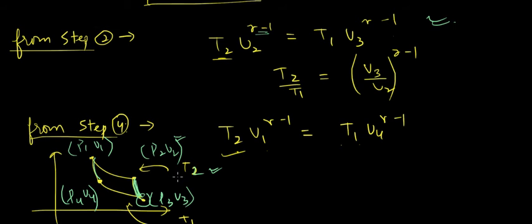This is equation number 1. And on this adiabatic curve we have T1 V4 to the power gamma minus 1 would be equal to, here we have temperature T2, T2 V1 to the power gamma minus 1. I hope it is clear by now.